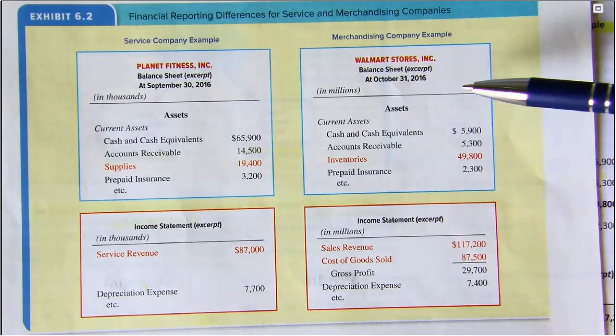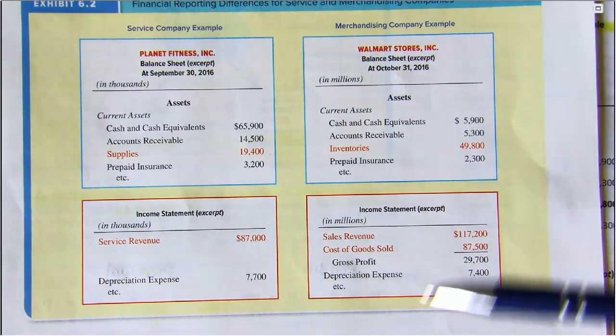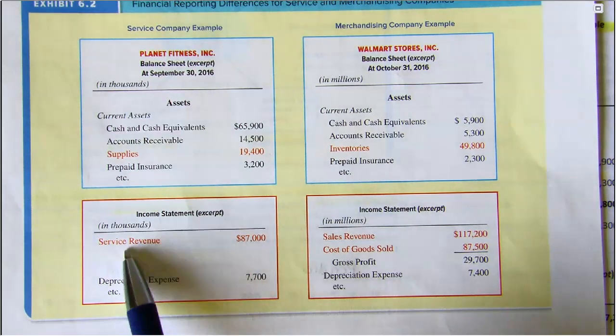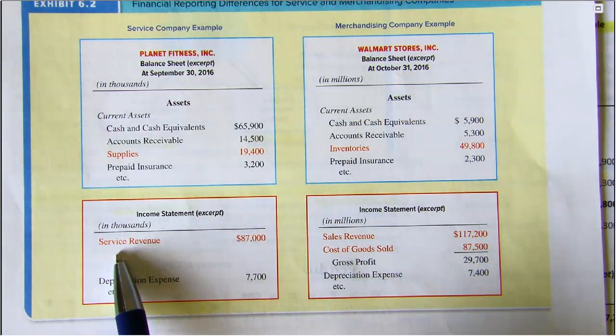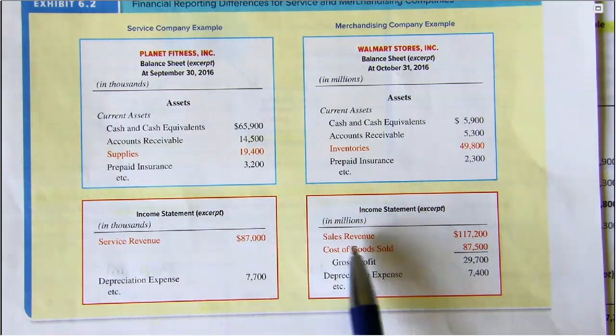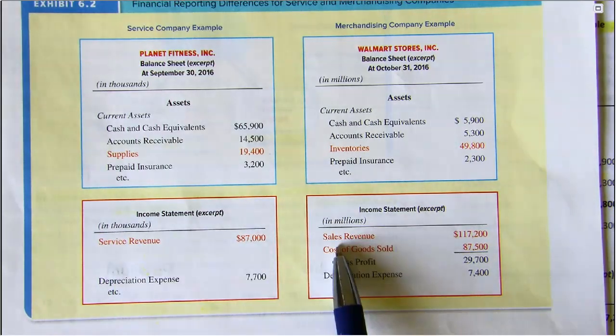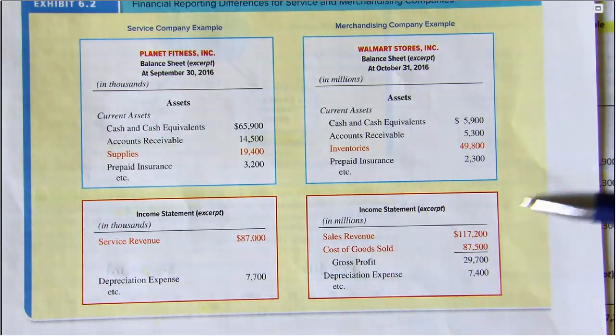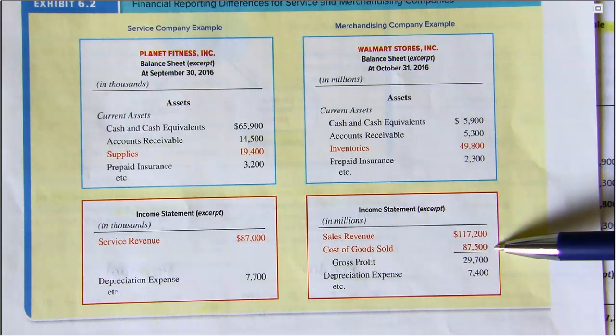Now let's take a look at our income statement. The income statement, first of all, has revenues on it. For a service provider, we call that service revenue. For merchandisers, because they're selling goods, we call that sales revenue. We also have a new expense account for merchandisers. It's called cost of goods sold.